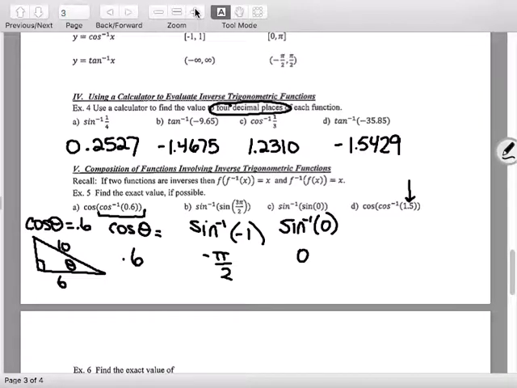Do you remember when you do inverse cosine, the inside has to be a number between -1 and 1. So this one is not defined, or you could say undefined, not possible. Don't say no solution because it's not an equation.